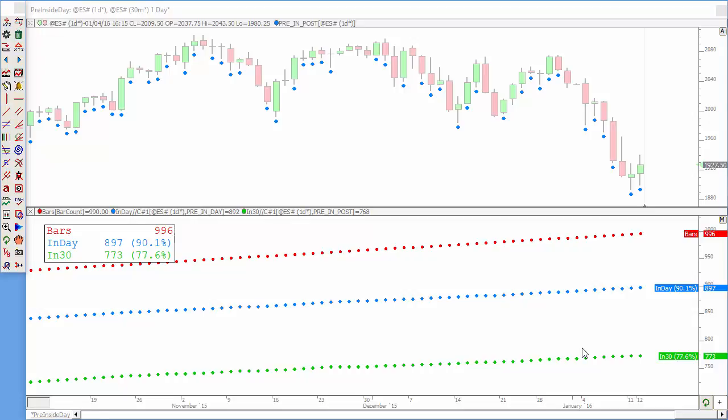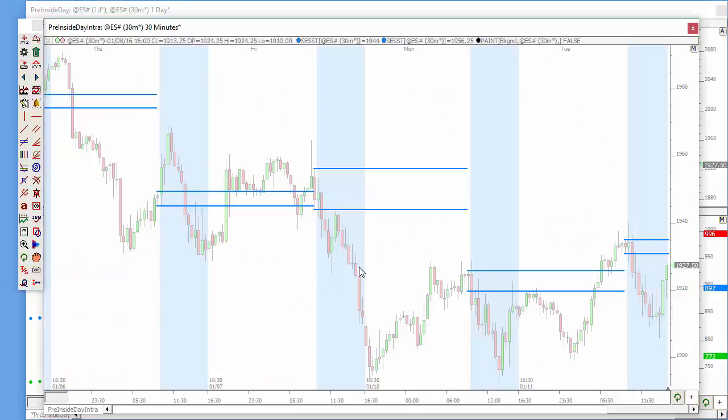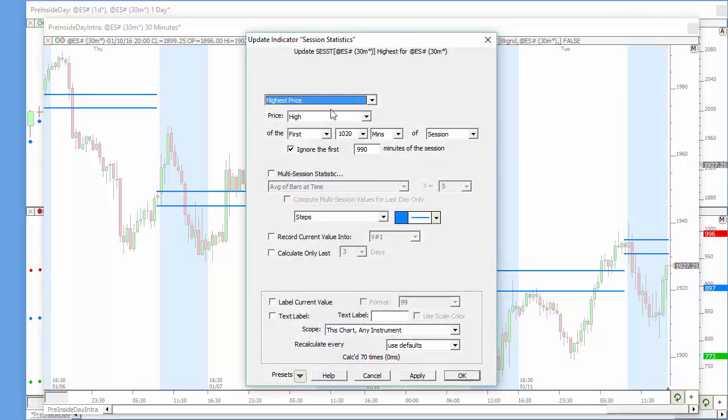I'll share this chart definition. I also have another chart. Let me show you how I extract that pre-30 bar, the 30 minutes prior to the day session. This is a Globex session 31 chart, and I have two lines, both using the session statistics indicator. I'm doing highest high of the first 1,020 minutes, which is the overnight period.